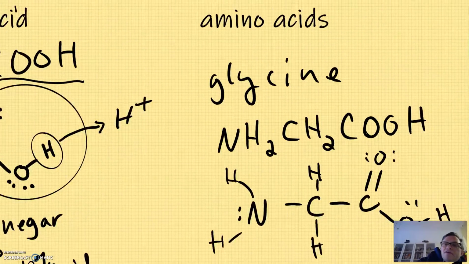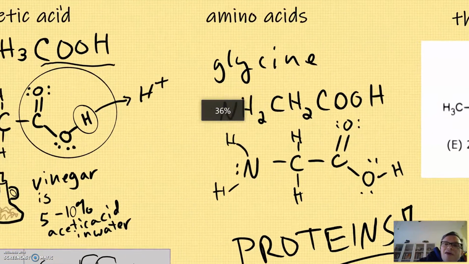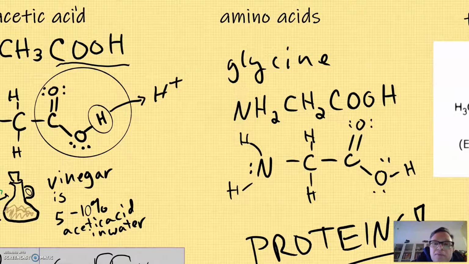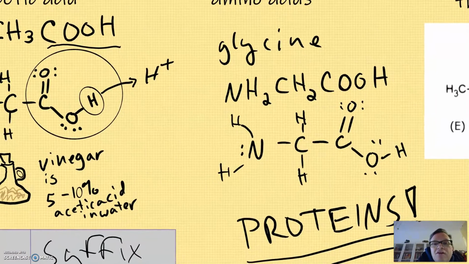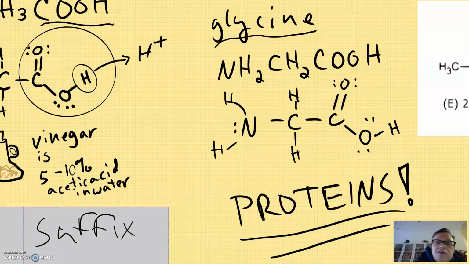All right. Another example of both of these groups, amine and carboxyl groups, are the amino acids. These are the building blocks of proteins, and they get their name, as you might expect, from having both an amine group and a carboxyl group in them. This is the simplest amino acid, glycine, and you can see here it's got an amine group and a carboxyl group connected with a carbon in the center.